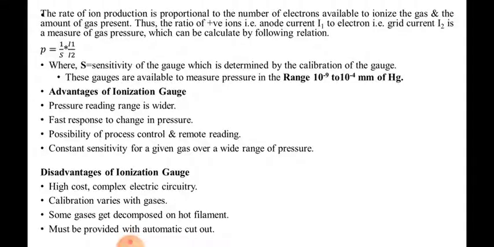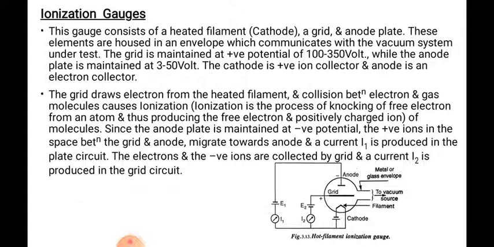Okay, so this is nothing but the ionization gauge. While understanding the ionization gauge, we will have to understand that it has an enclosure, which may be metal or a glass envelope, connected to a vacuum source. In that enclosure, three terminals are given: the negative anode, the positive grid, and the positive cathode.